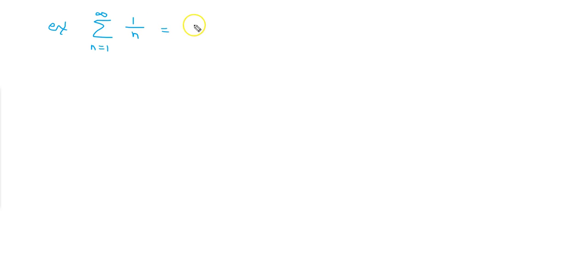Now keep in mind this is 1 plus 1/2 plus 1/3, and it just keeps going like this. So do these numbers add up to a finite number or not? Well, let's employ the integral test. So if we look at the integral from 1 to infinity, my function f of x is 1 over x in this case.